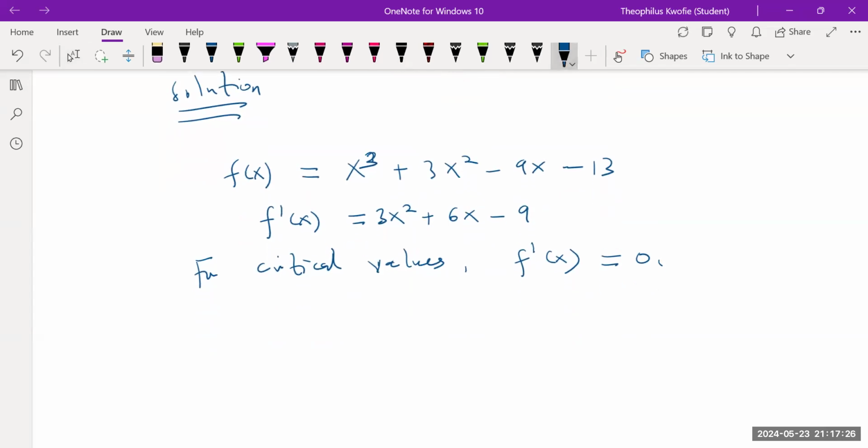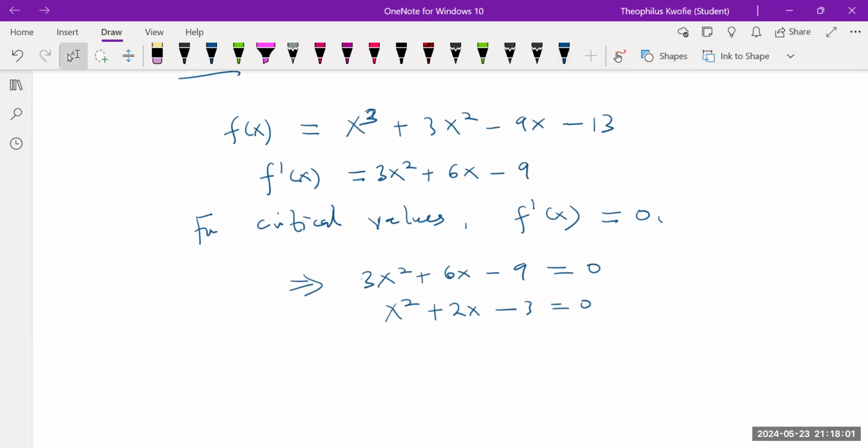So this implies that 3x squared plus 6x minus 9 equals 0, right? To simplify this, you can divide each term by 3, and that should give us x squared plus 2x minus 3 equals 0.